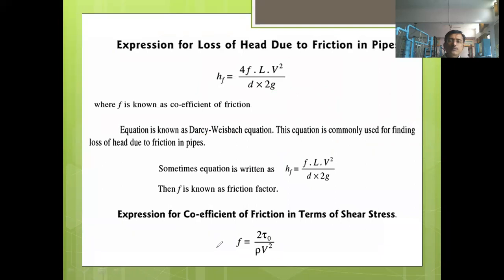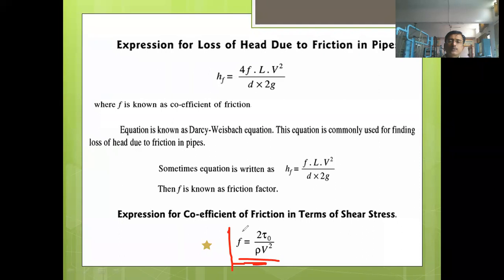Expression for the coefficient of friction in terms of shear stress, for turbulent flow. How can we find the coefficient of friction F in turbulent flow?